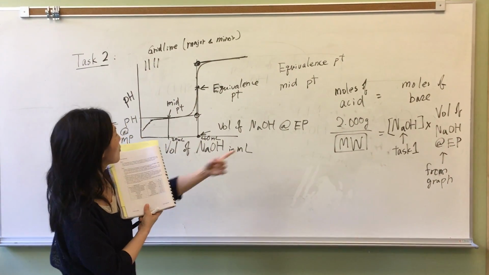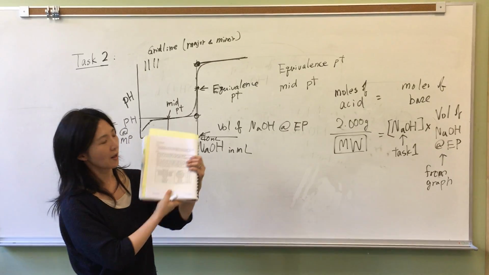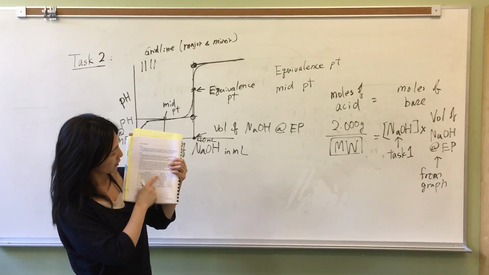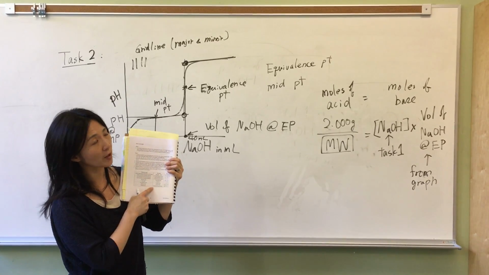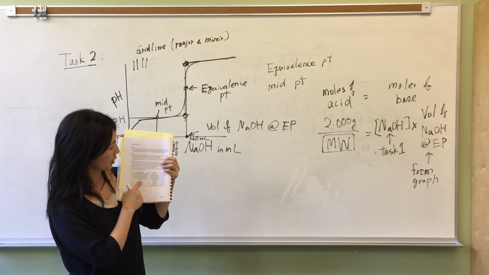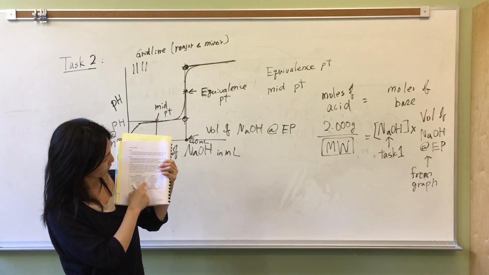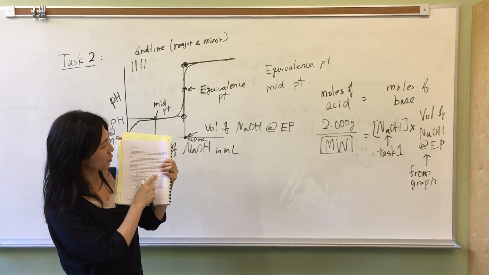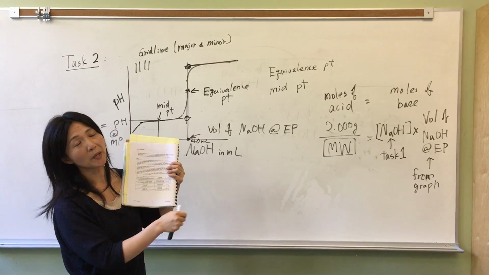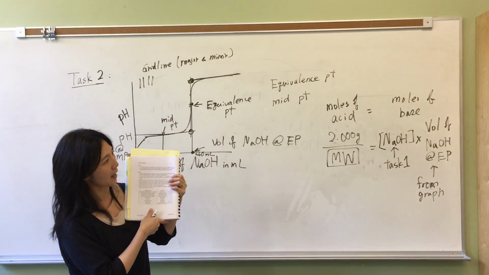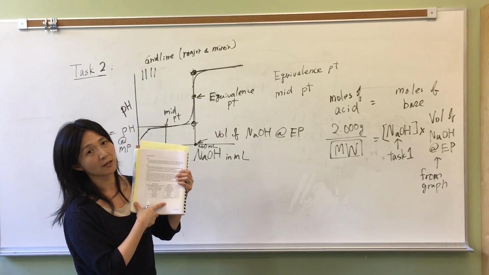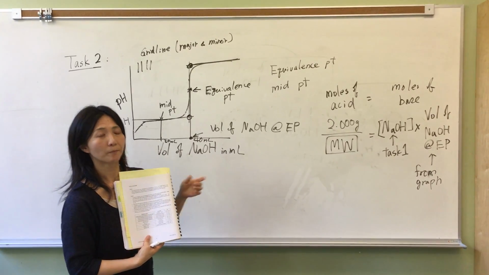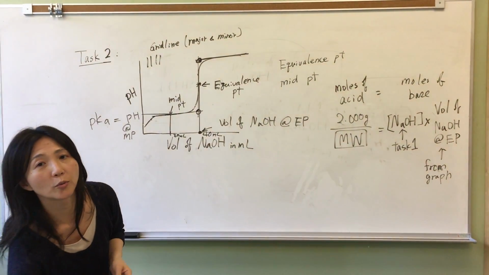So based on your molecular weight and pKa, you will determine the identity of your unknown. And there is a chemical formula. So based on the chemical formula, you can calculate the value of the molecular weight. And then there is a Ka. So you convert the Ka to the pKa, which is pKa equals minus log of Ka. It's like a pH. And then compare to your result. Okay? That's all you have to do for Task 2.